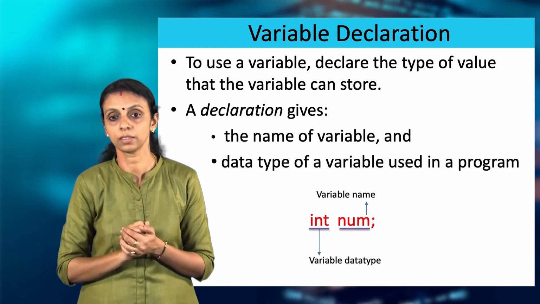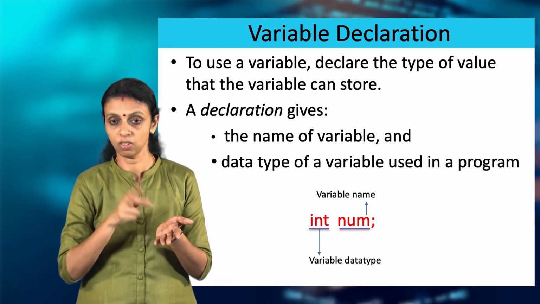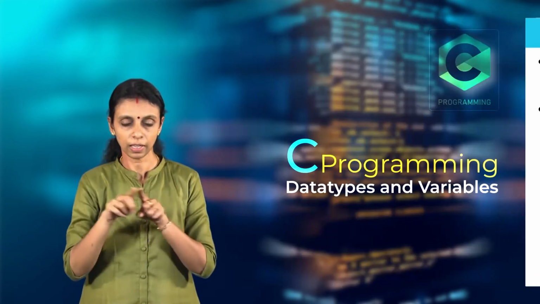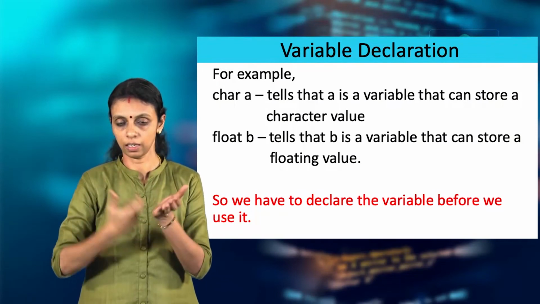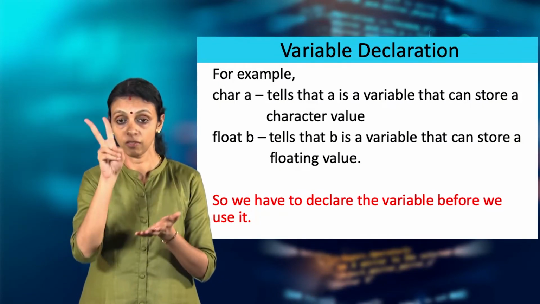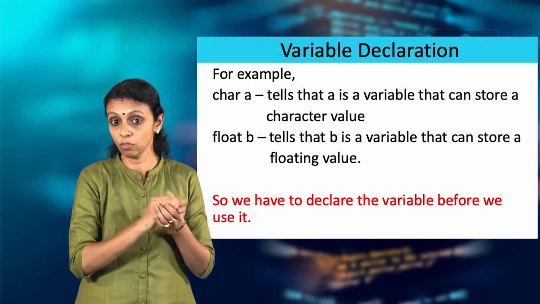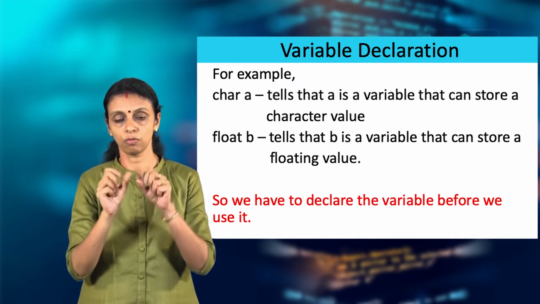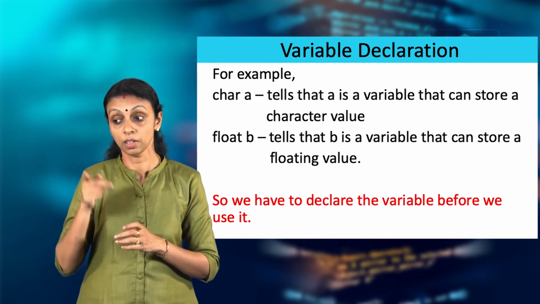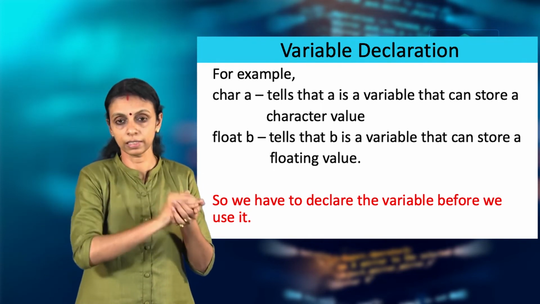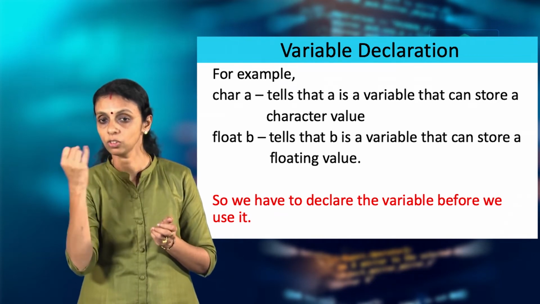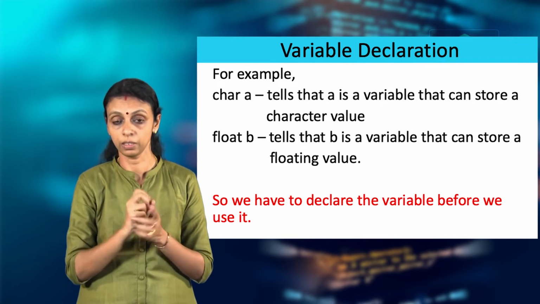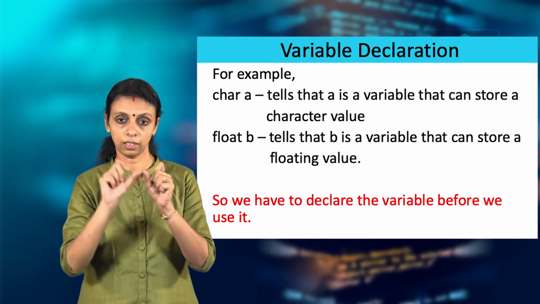This says num is a variable, it can store only integer values. For example, char a tells that a is a variable, it can store a character value. Float b tells that b is a variable that can store a floating value. So, we have to declare a variable before we use it.